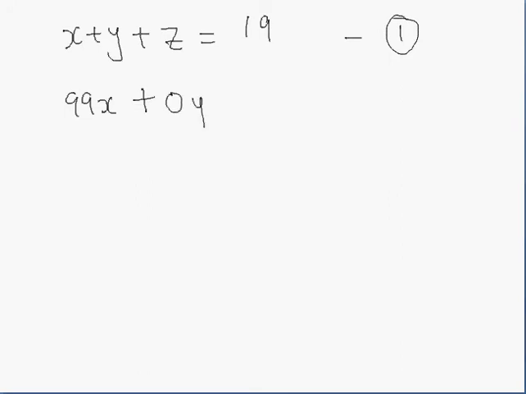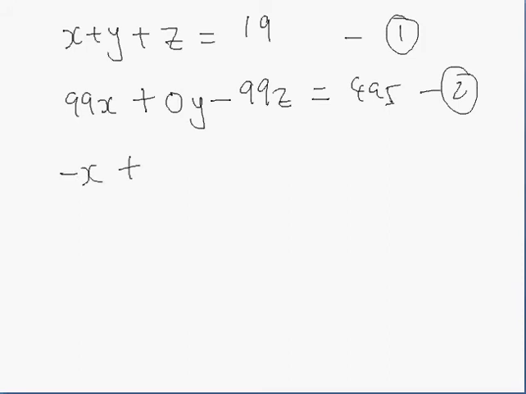We'll have x plus y plus z is equal to 19, the first equation. The second equation I can write as 99x plus 0y minus 99z is equal to 495. And the third equation I have negative x plus y plus 2z equals 5.